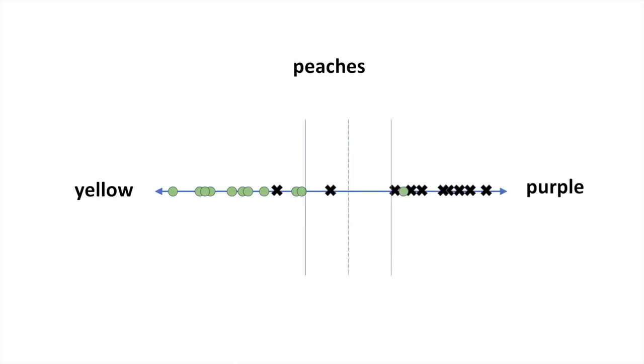But what you can do is still create a dividing line with its margins, but any data point that is on the wrong side of its margin gets a penalty based on how far it is over. And so you can move the position of this dividing line and the width of its margins to take that penalty and add that penalty in and still make that as small as you possibly can. So you can still use support vector machines in cases where your data isn't completely separate.